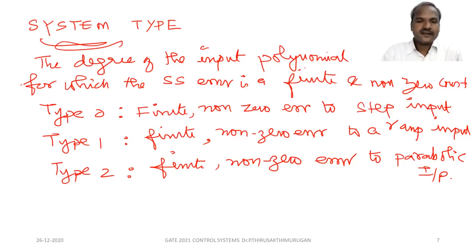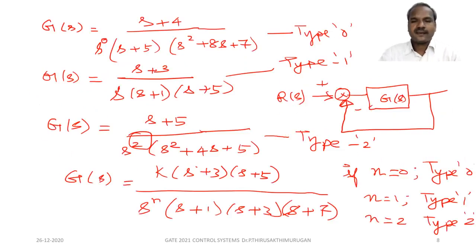Based on the system, we can classify, for example, the type 0 system, G(s) equal to (s+4) divided by (s+5)(s^2+8s+7). In this system, you observe no s integrator present in the denominator, only s power 0.